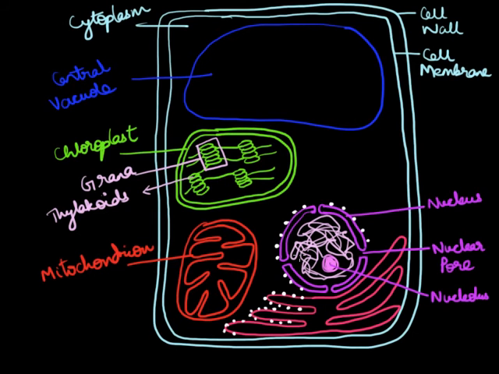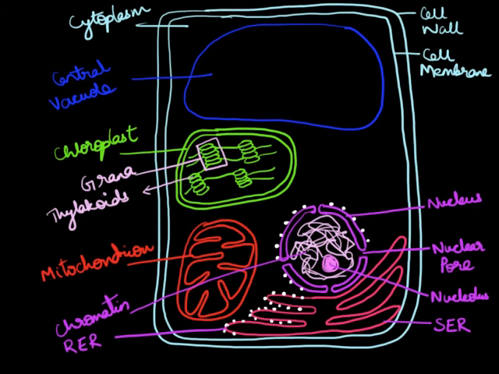And the squiggly line is the chromatin material. And this part is the rough endoplasmic reticulum. This part is the smooth endoplasmic reticulum.